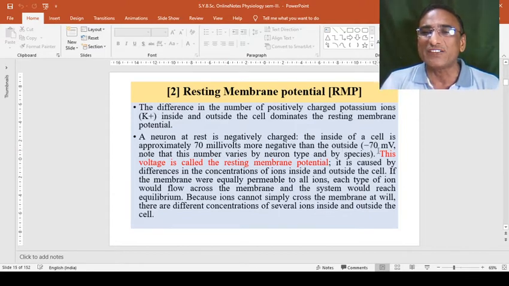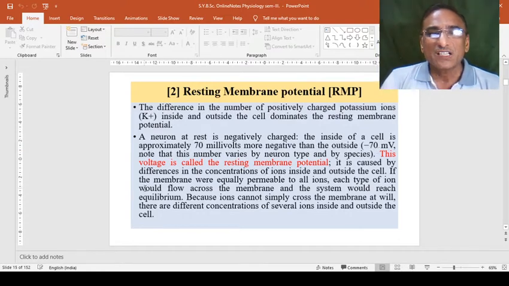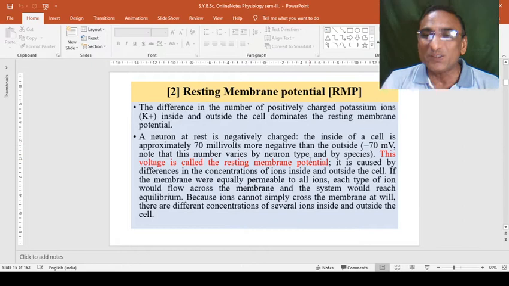Note that this number varies as per the neuron type or the activity of the neurons in special instances, and this voltage is called the resting membrane potential.